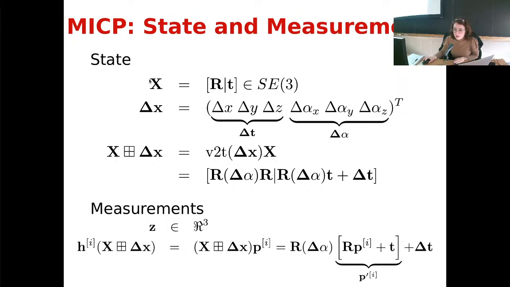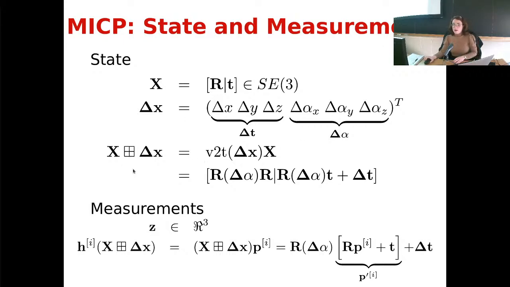So in this case, the state is an element of the special Euclidean group of dimension 3, SE3, which again is a homogeneous transform composed by a rotation matrix and a translation vector. And as a Euclidean parameterization, we can consider an element of R6, as we have seen also in other exercises.